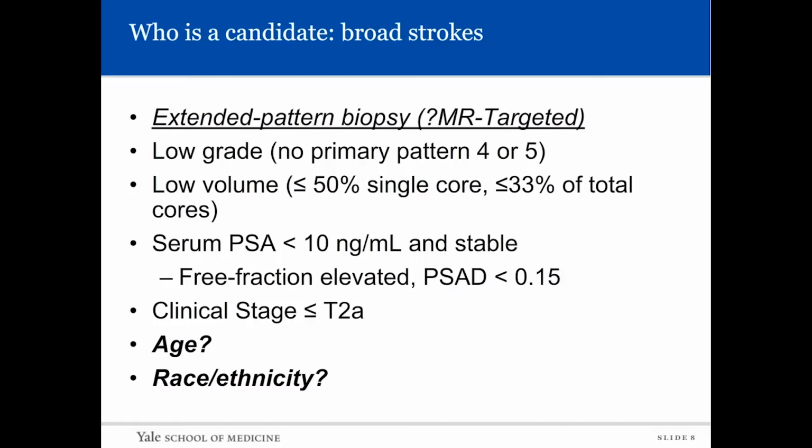Serum PSA should be low and stable. Lower PSA density is also quite favorable, and low clinical stage. I think two considerations that keep coming up time and time again are the role of patient age. Are younger patients candidates for surveillance? And what is the role of race and ethnicity? Are African American patients candidates for surveillance as well?